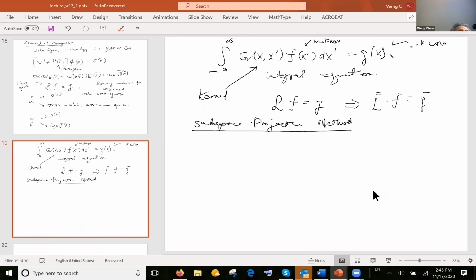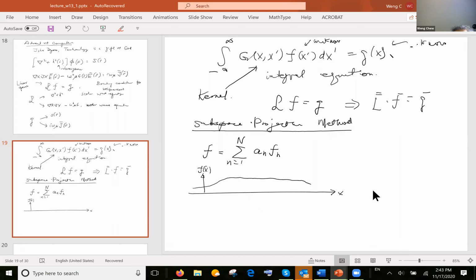Well, you imagine that you have this function f. Like if f is in 1D, you can expand it in terms of sets of basis functions. You can approximate your 1D function in this manner. For instance, in 1D, you have this f of x, and f of x might look something like this.